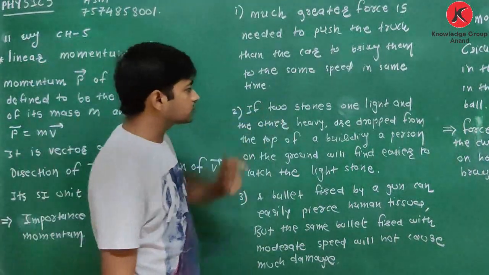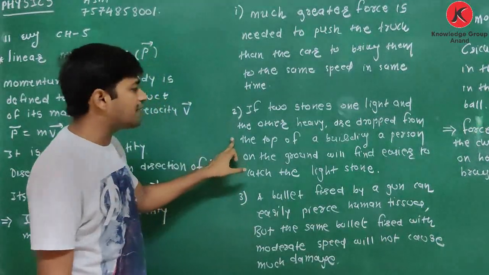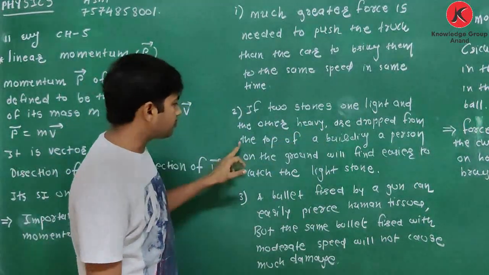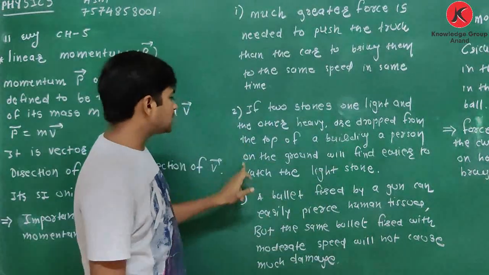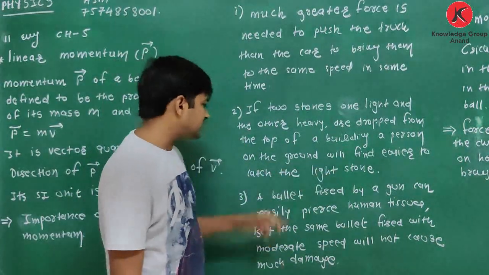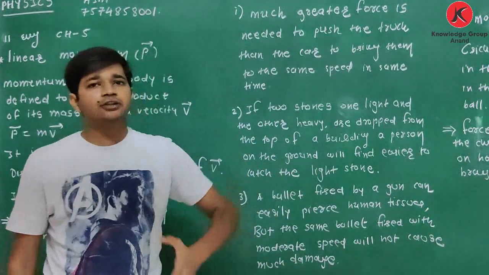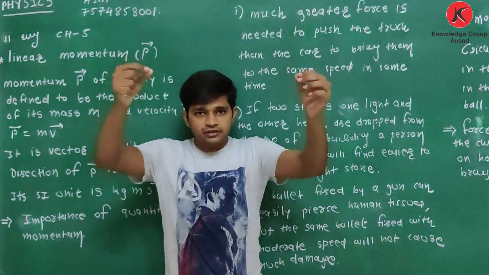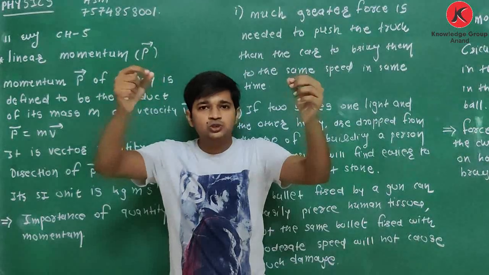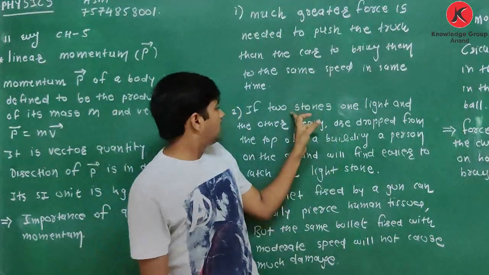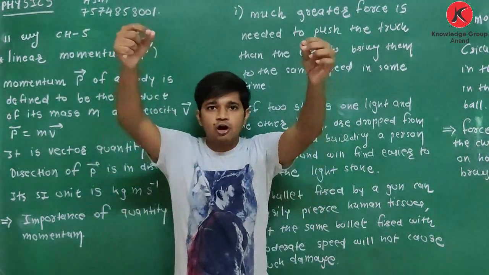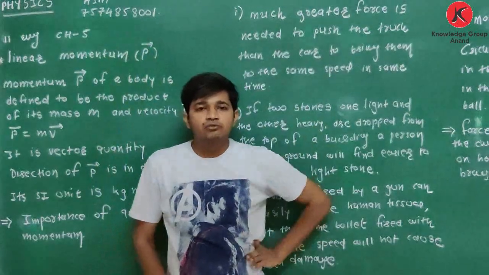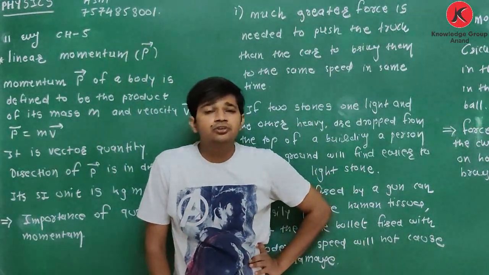Another example. If 2 stones, one light and one heavy, are dropped from the top of a building, a person on the ground will find it easier to catch the light stone. If you drop them from the same height, what is the equation of velocity?